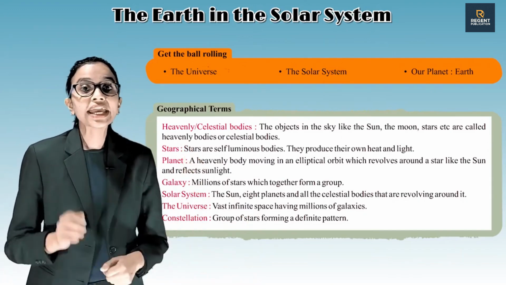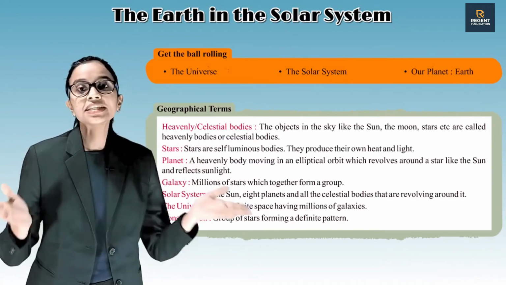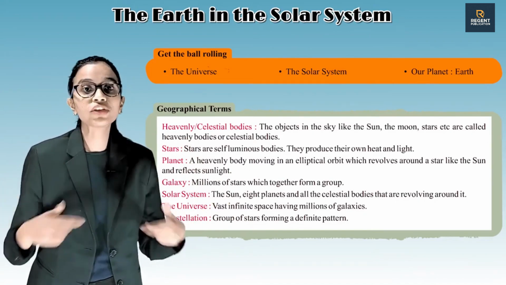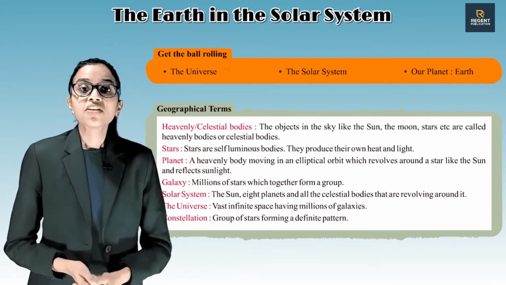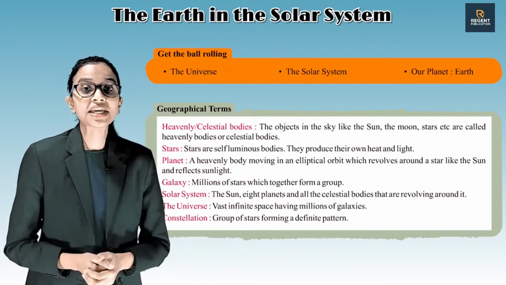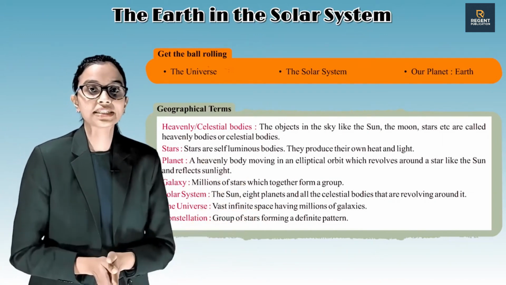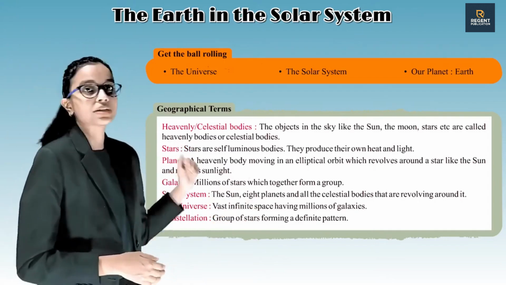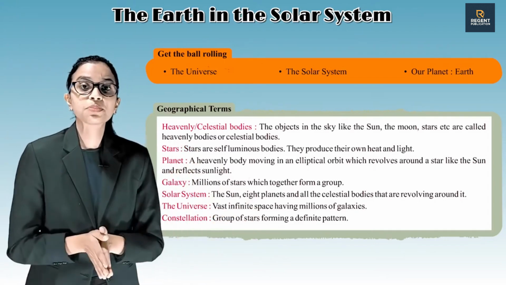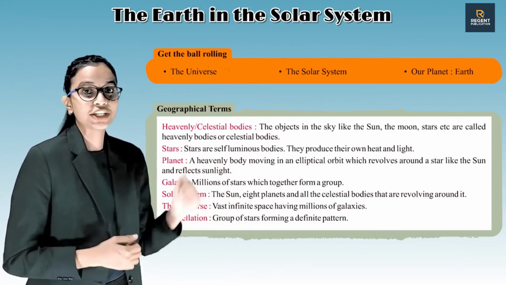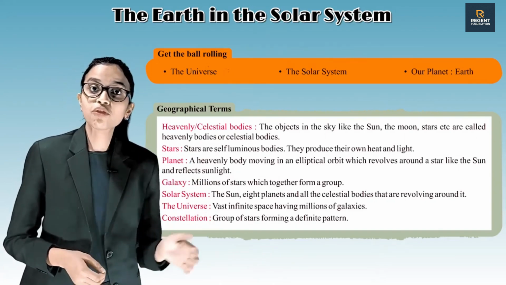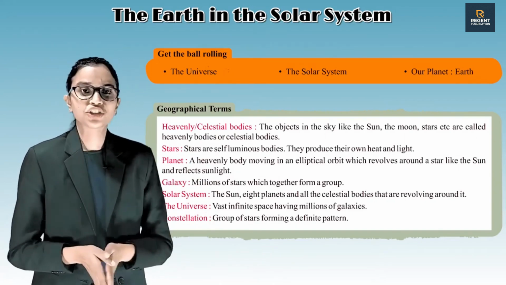The sun, 8 planets and all the celestial bodies that are revolving around it. The universe. Vast infinite space having millions of galaxies. Constellation. Groups of stars forming definite patterns.